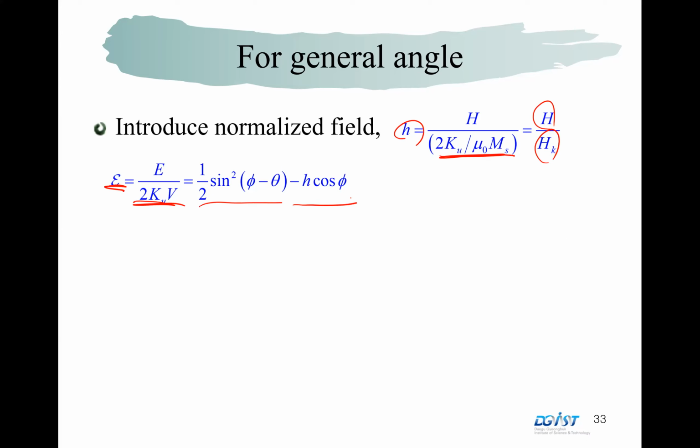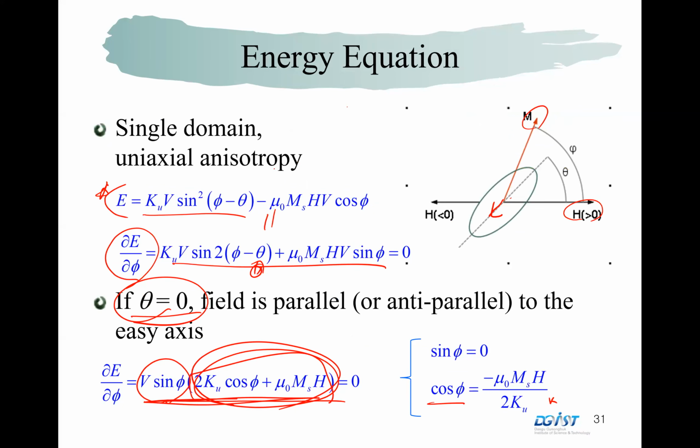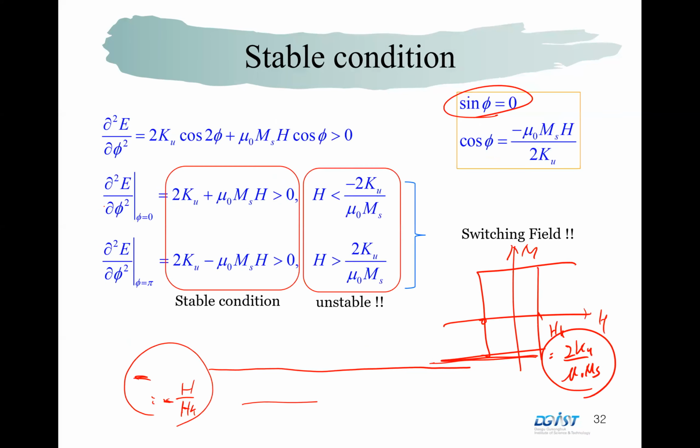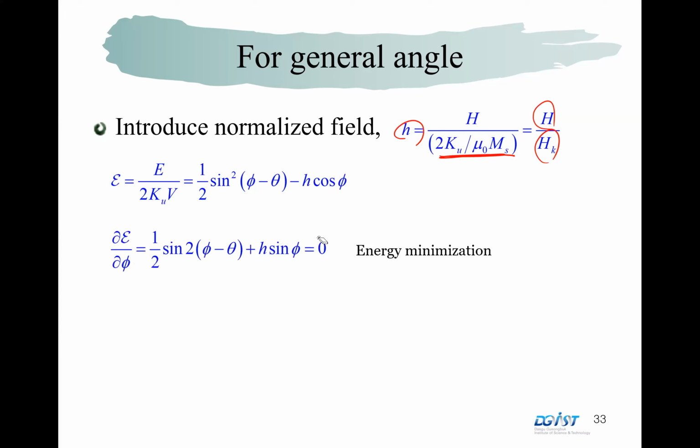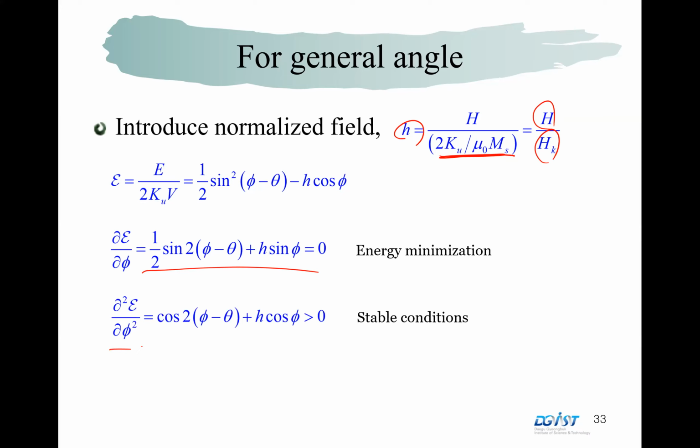This is actually the same energy equation as this one, but we need a simpler form because we are playing with a more complicated mathematical case. So we have to repeat the same procedure for the energy minimization, taking the derivative with respect to phi. And we got this result, and we take the second derivative, and we found this equation.